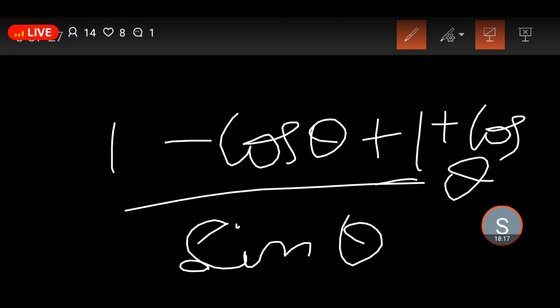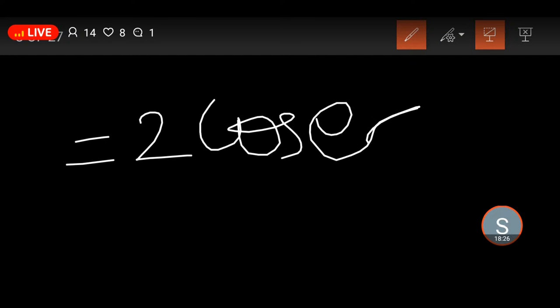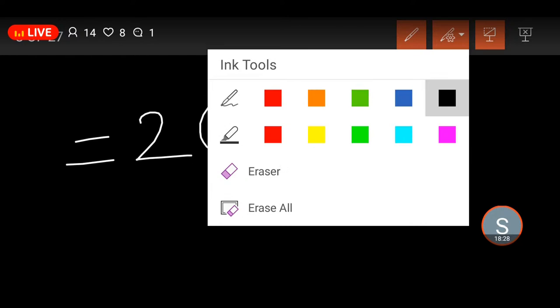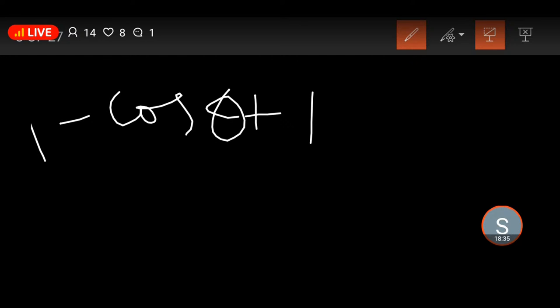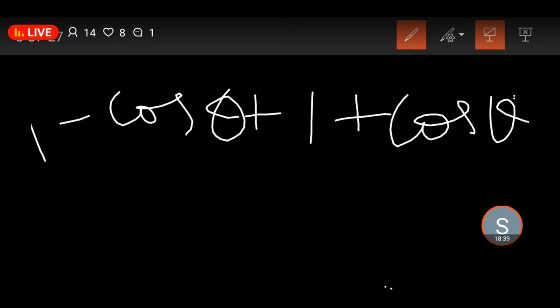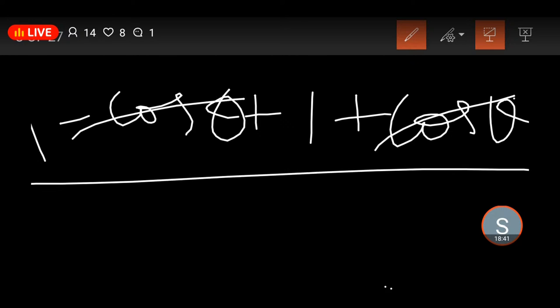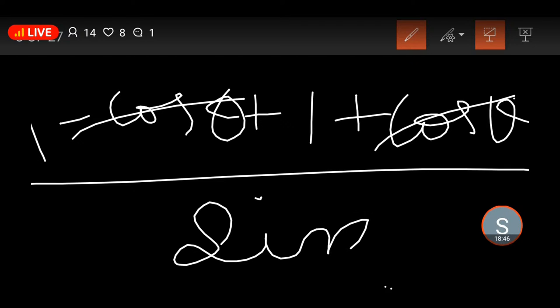Okay, if you take LCM, then the answer will be 2 cosecant theta. How? 1 minus cos theta plus 1 plus cos theta, minus cos theta plus cos theta will get cancelled, and sin theta will remain here.